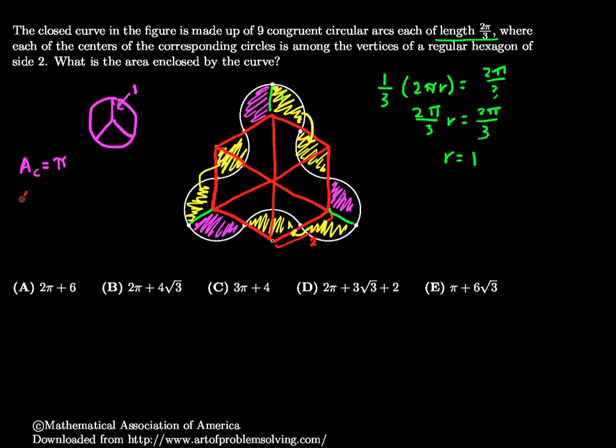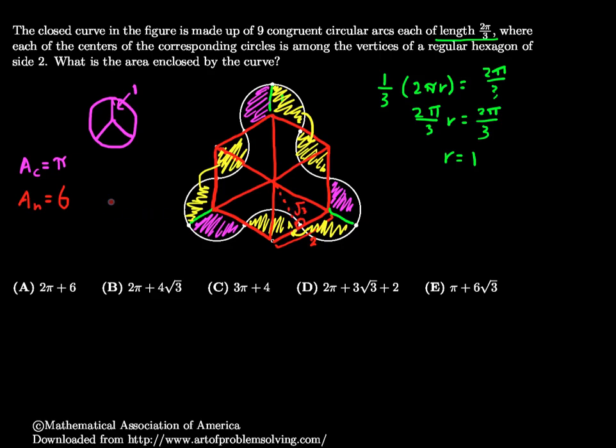So the area of the hexagon is going to be 6 times my area for an equilateral triangle, and we know that this apothem, this distance from the center of the edge to the center, is 2 root 3 over 2, which is just root 3 because of a 30, 60, 90 right triangle right here.